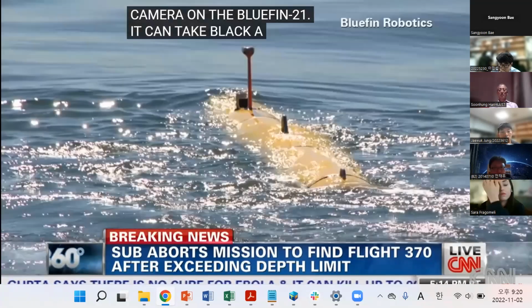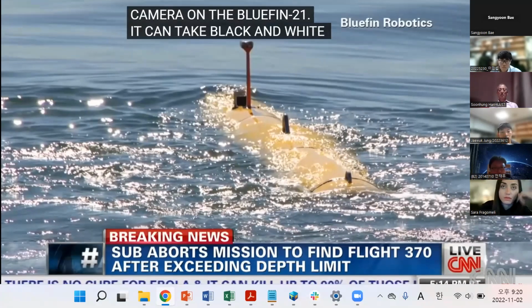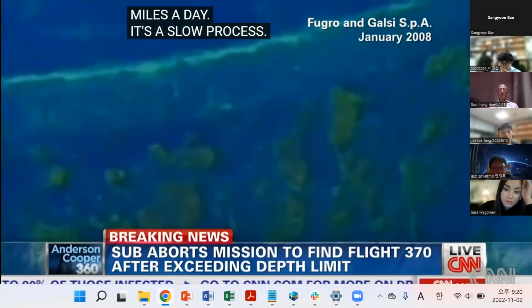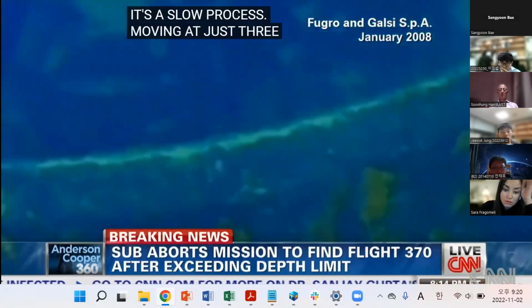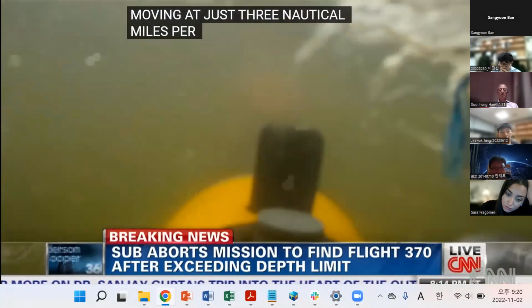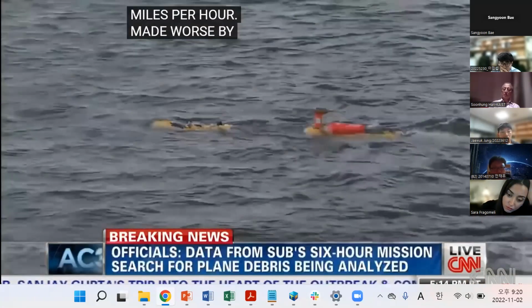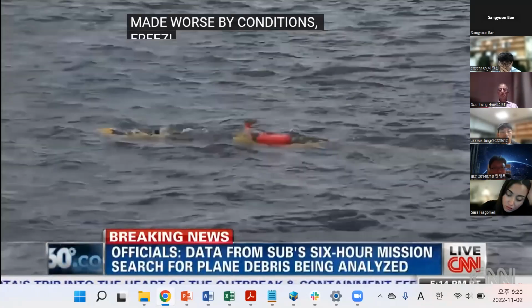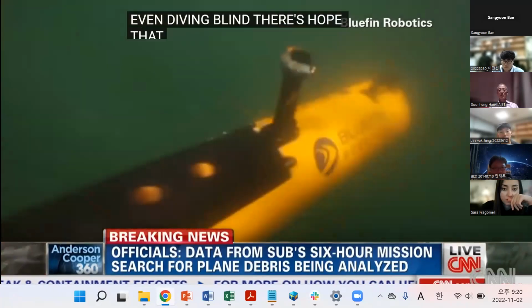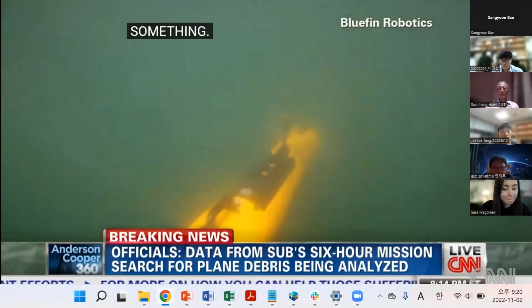It's a slow process, moving at just 3 nautical miles per hour, only made worse by horrendous conditions, freezing temperatures, mountainous terrain, and complete darkness. But even diving blind, there is much hope the Bluefin 21 AUV will see something. Randy Kay, CNN, Quincy, Massachusetts.